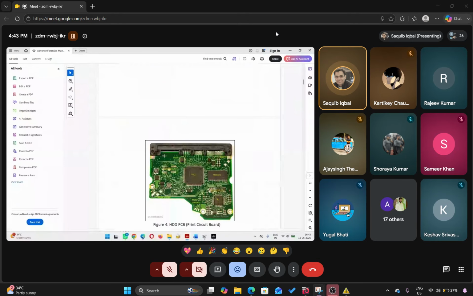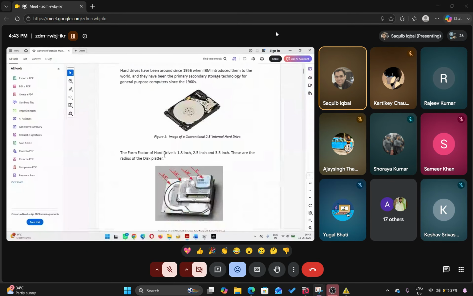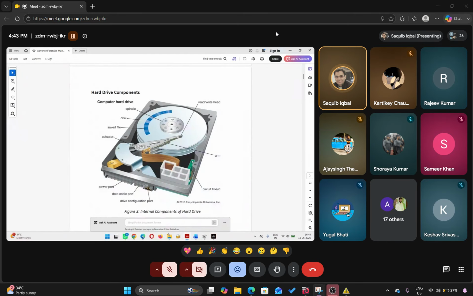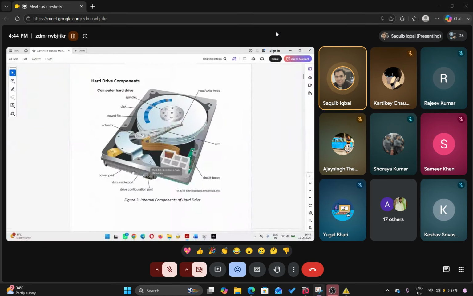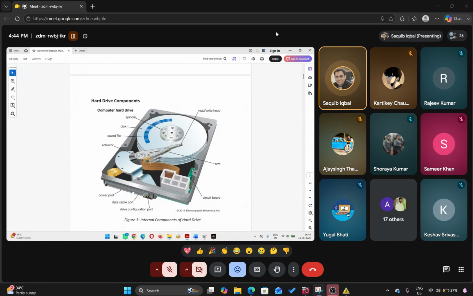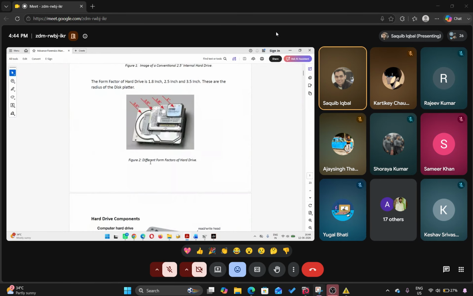So let's talk about some anatomy of the hard drive. So it's a quick tour, since we have started this forensics, you must know about the hard drive. What's a hard drive? It's a mechanical drive that has some mechanical parts inside it.